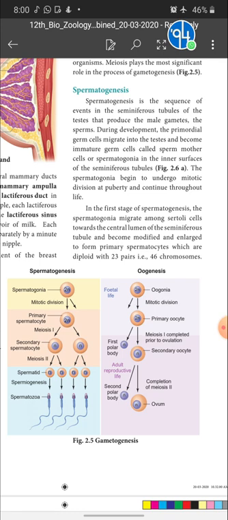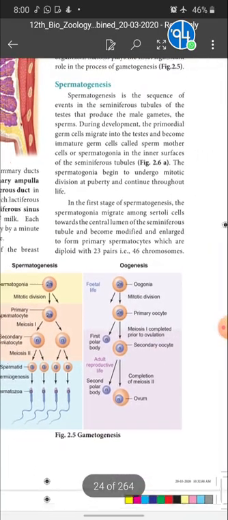The spermatogonia move along the Sertoli cells and enter into the central lumen of the seminiferous tubules, and become modified and enlarged to form the primary spermatocyte. The nature of chromosomes in the primary spermatocyte is 23 pairs, that is 46 chromosomes. Okay. Next children.